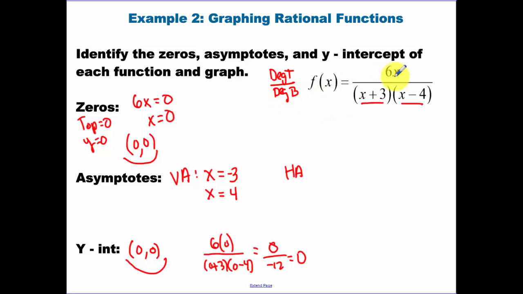The degree of our top is 1. If I were to multiply these two quantities out, the degree of the bottom would be 2. So the top is less than the bottom. So therefore I know that the top is not going to get as big as the bottom, which means I'm going to have a really small number, which is y equals 0.